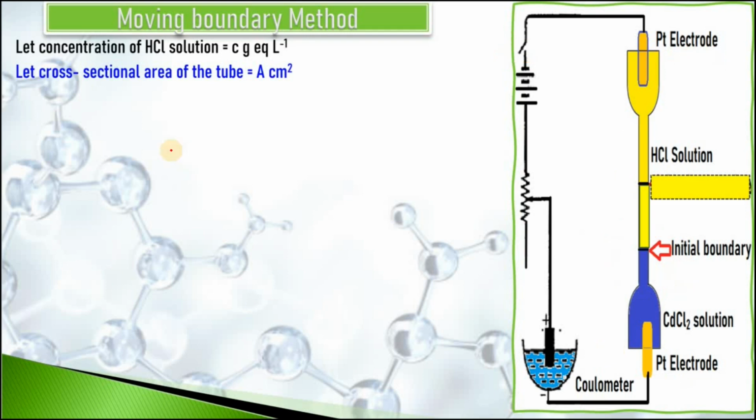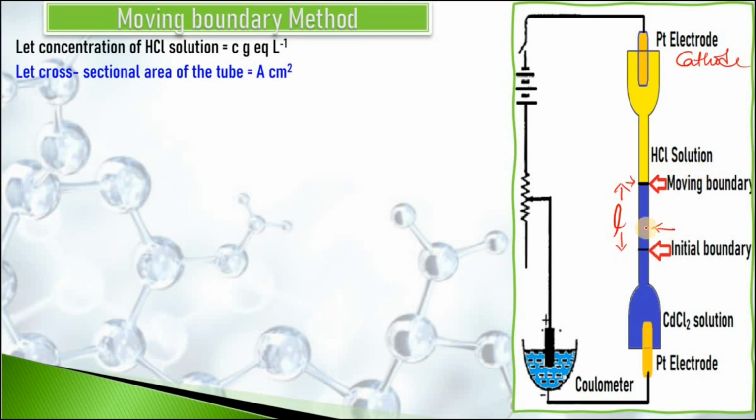Here is the picture when the key is closed and the circuit completes. You can see here the boundary starts moving upward. It is due to movement of hydrogen ions and cadmium ions towards their electrode, which is the cathode. Let us say after a certain time the boundary moves by a distance of L centimeter.